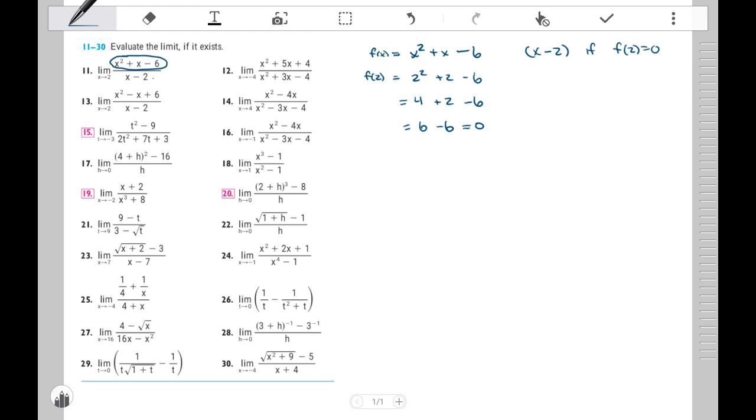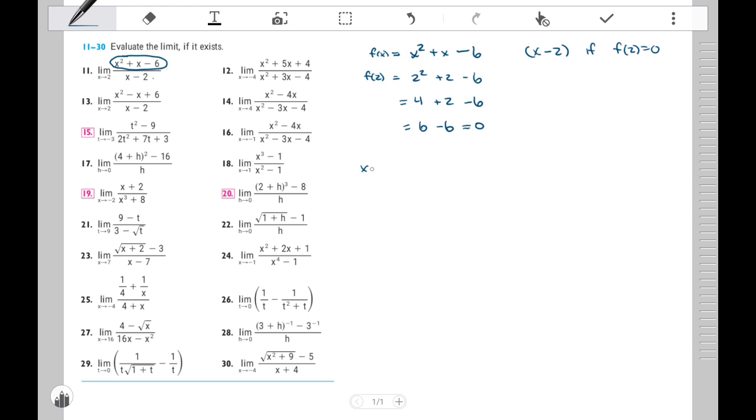We can make that polynomial, x squared plus x minus 6, as a factored form of x minus 2 times something else. I think the fastest way to figure out what that something else is, is by doing synthetic division.